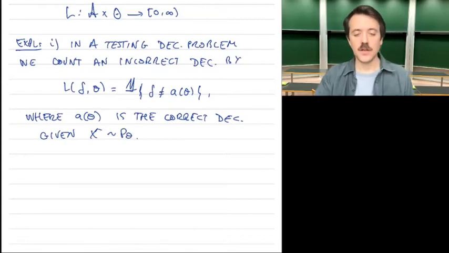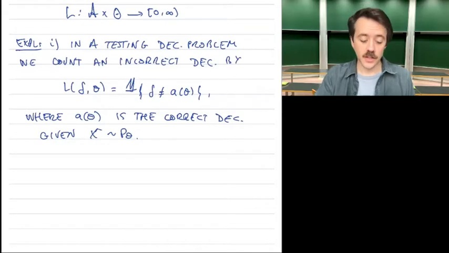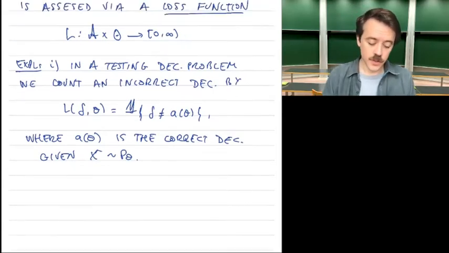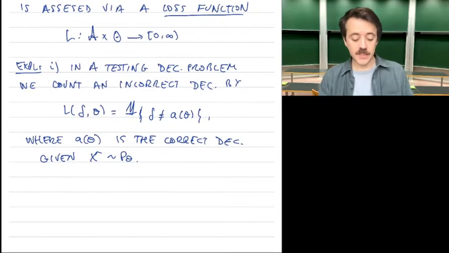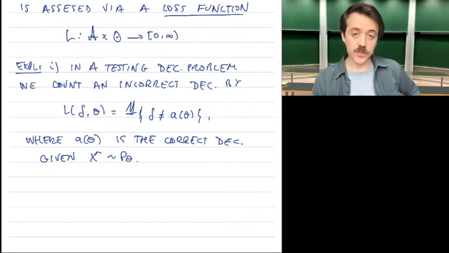Okay, so again, just to emphasize the importance for the loss function to depend on this parameter, because of course, if you want to assess how good something is, then you need to compare it to some sort of ground truth.